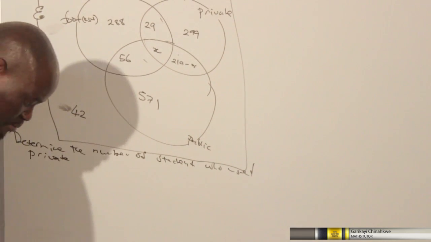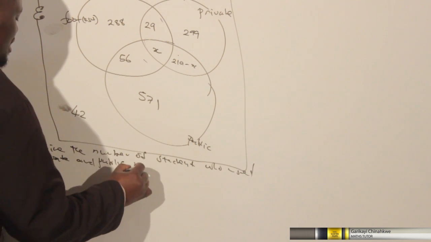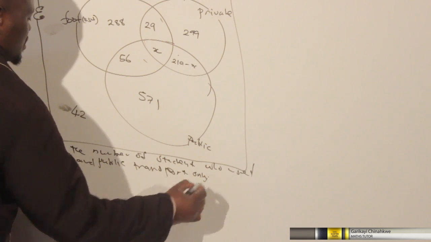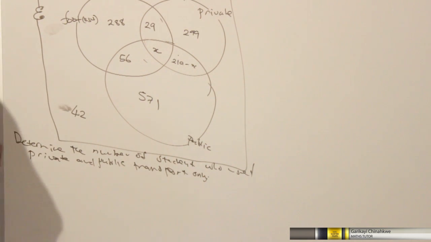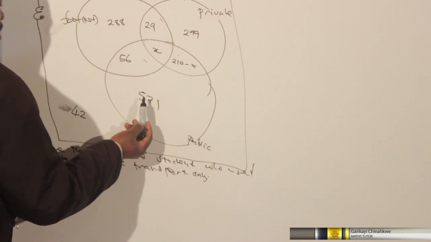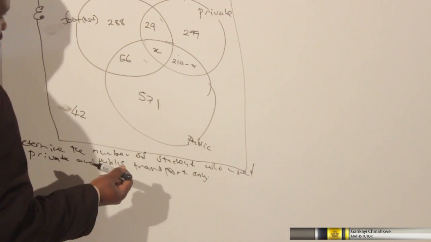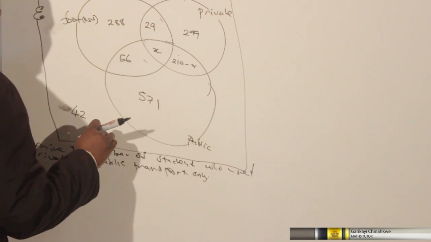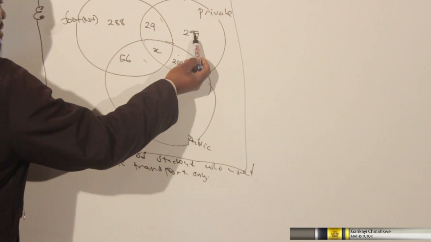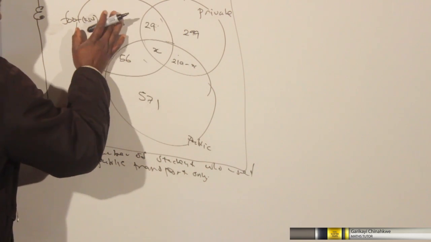Private and public transport only. So in other words, we need to add this and this and this. Because this one is on foot, so we don't include this.